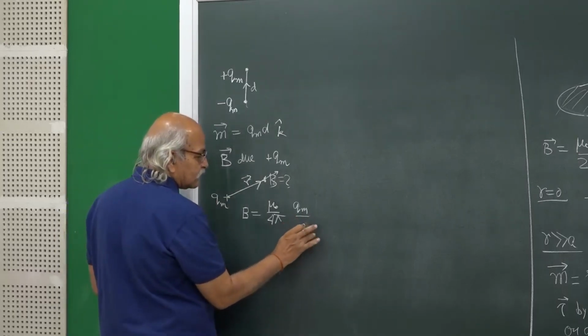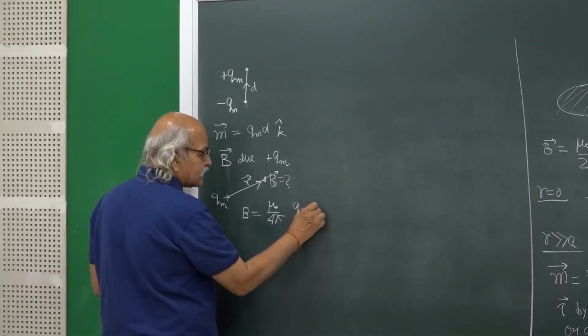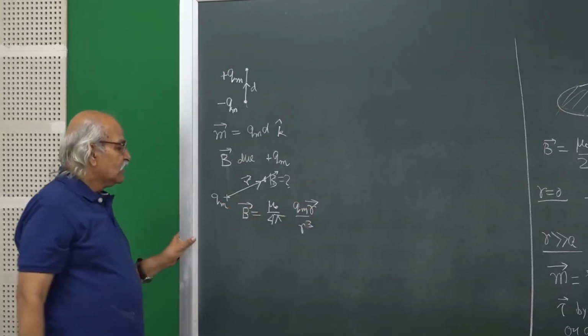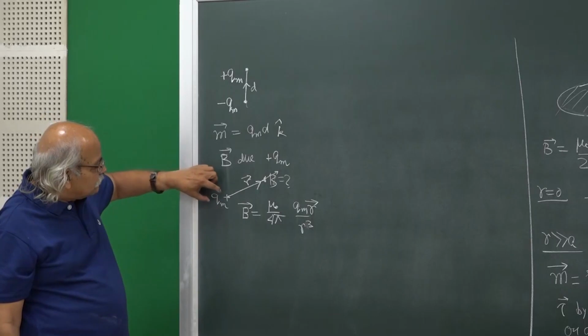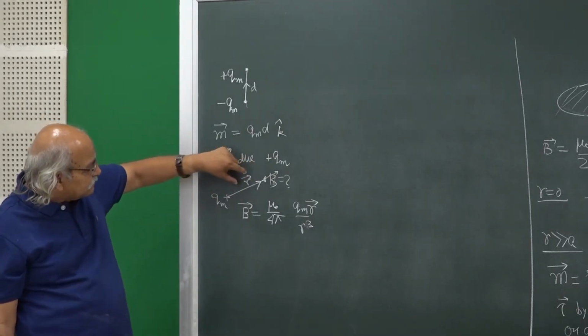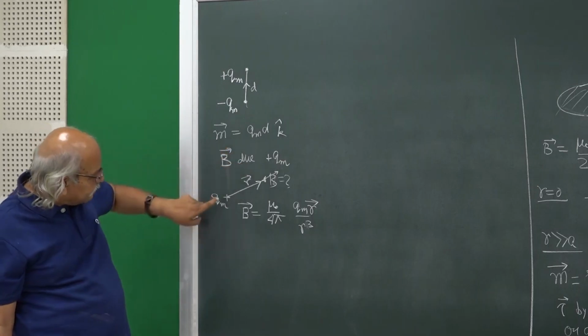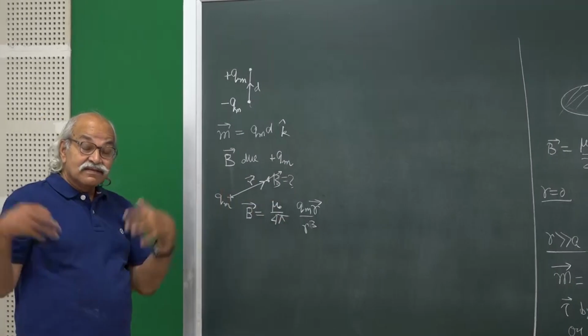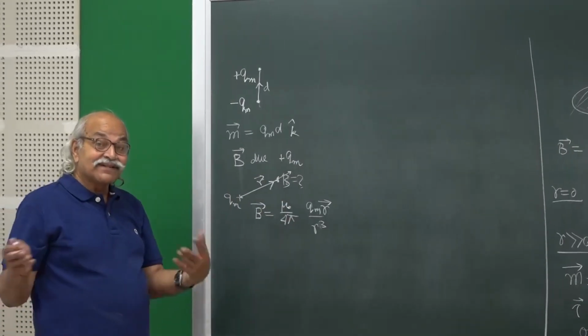So, you can write r cube here and r vector here. So, due to the charge qm, the magnetic field at this position with position vector r, taking the origin here, is given by this.